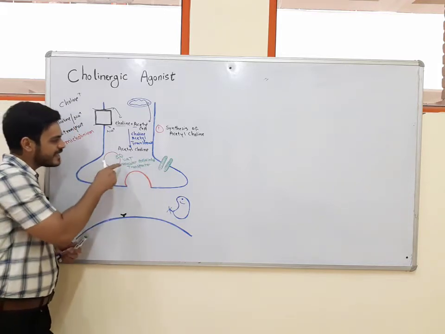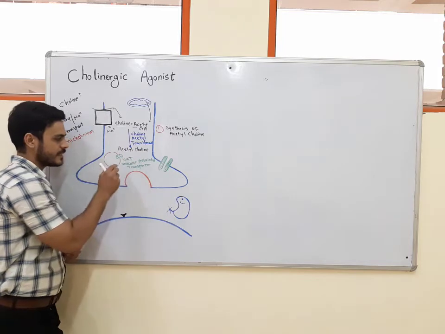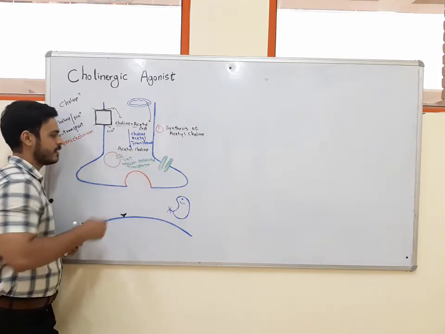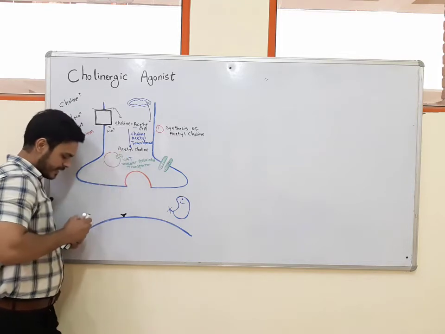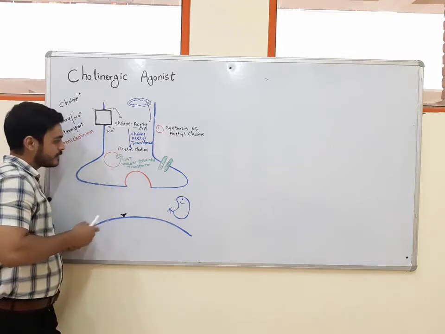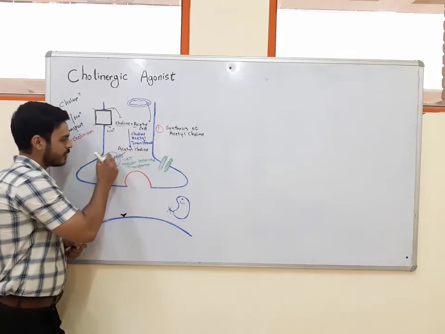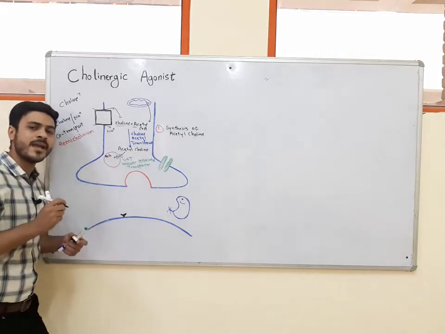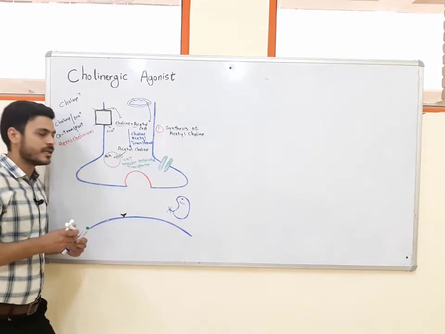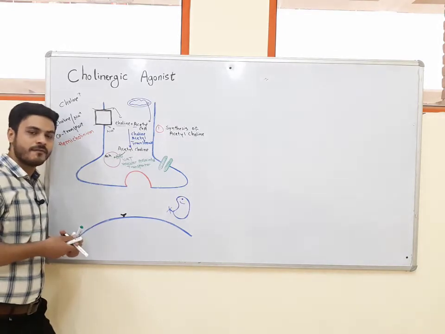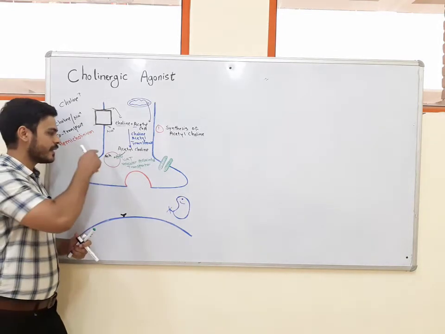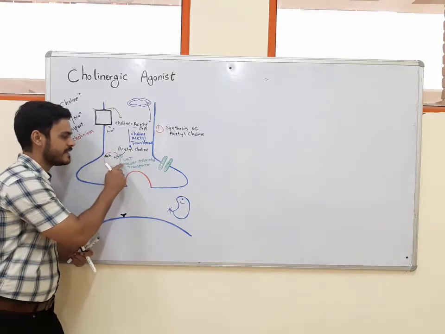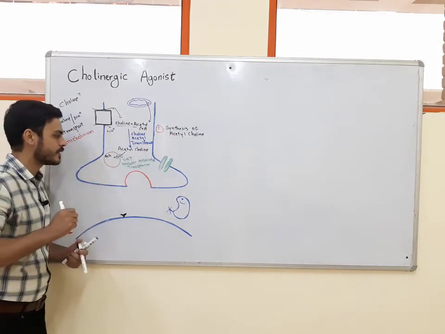By the help of this vesicular associated transporter, we package acetylcholine in the vesicles and we store this acetylcholine in the vesicles. Acetylcholine is the main neurotransmitter in the cholinergic fibers, and we store it in the vesicles by the help of VAT, or vesicle associated transporter.